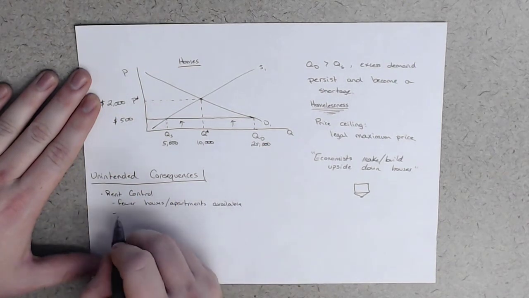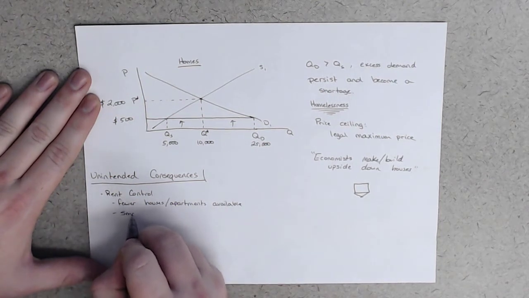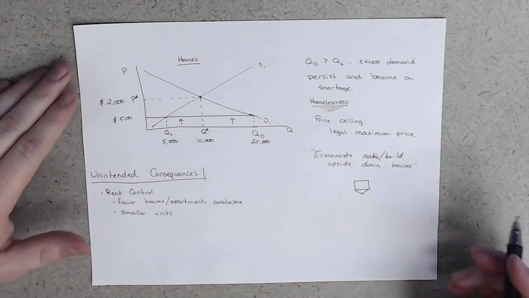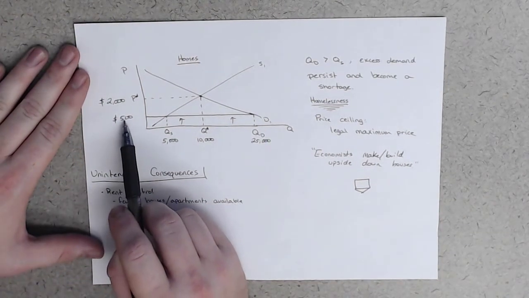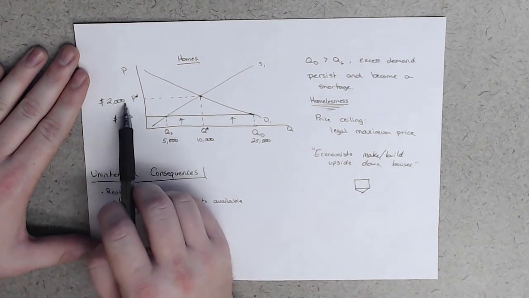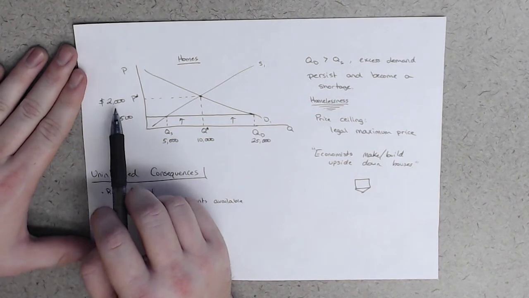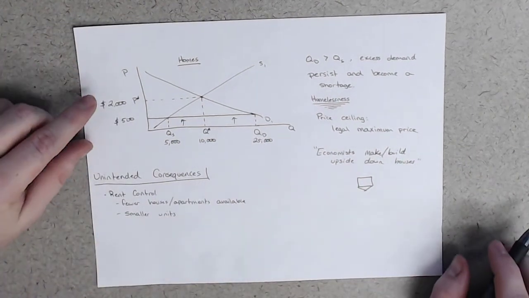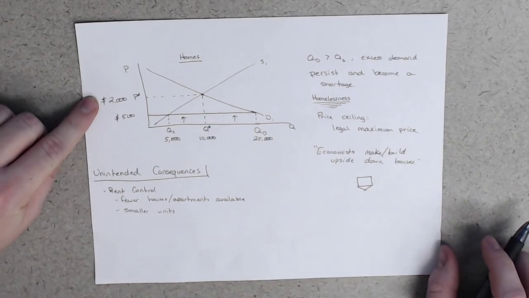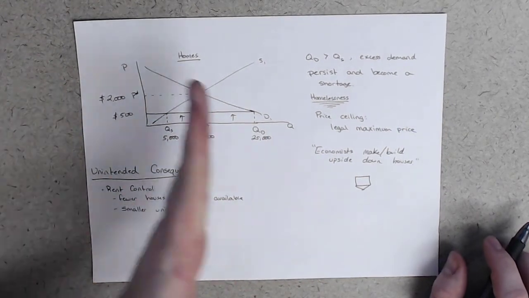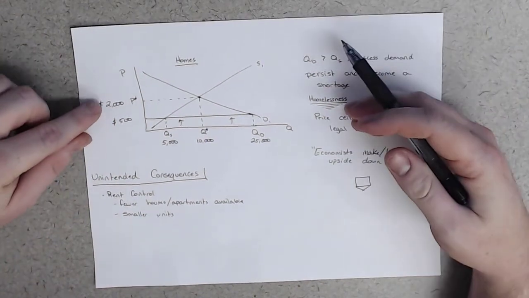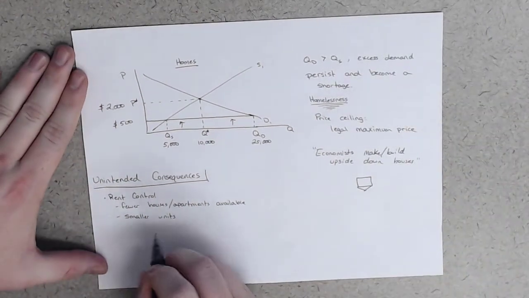We also see smaller units. If the maximum that you were allowed to charge is $500 for one unit, and you used to have a unit that was worth $2,000, one way to solve that is to make the one unit into 4 smaller units, and divide up the rooms into multiple rooms, and thus you can get back to $2,000. So you get smaller units.